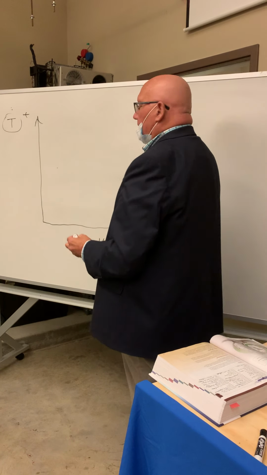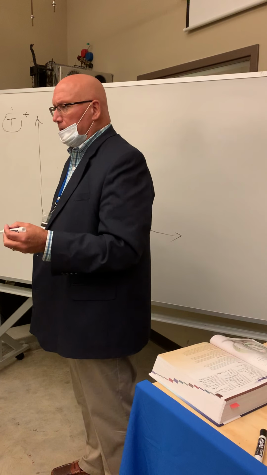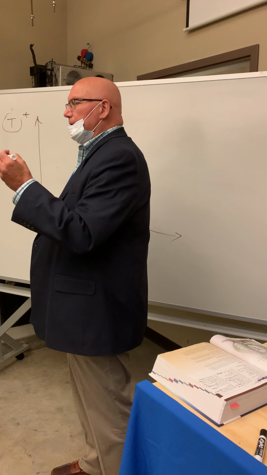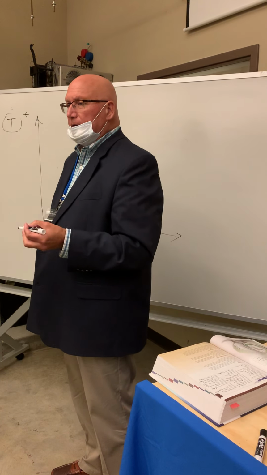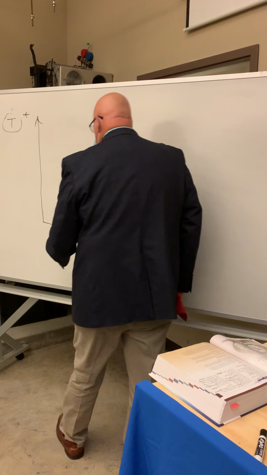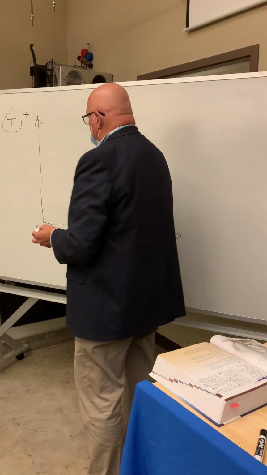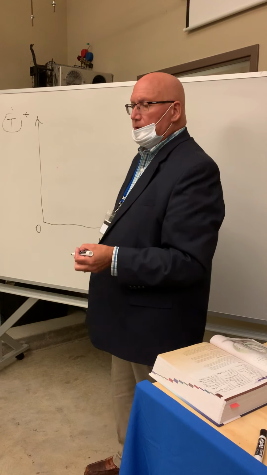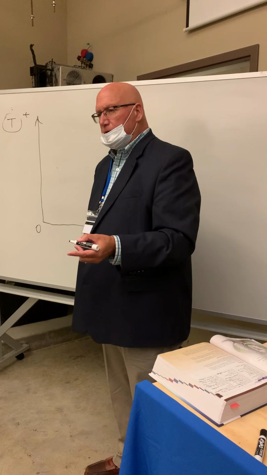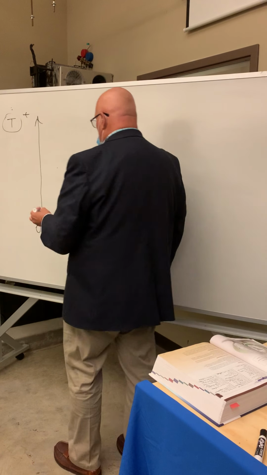So now I'm going to look at water at 1 atmosphere to see what happens to it when I add heat to it. So this being 0 for everything, 0 temperature, 0 heat. We'll call it absolute 0, even though absolute 0 is a theoretical number.